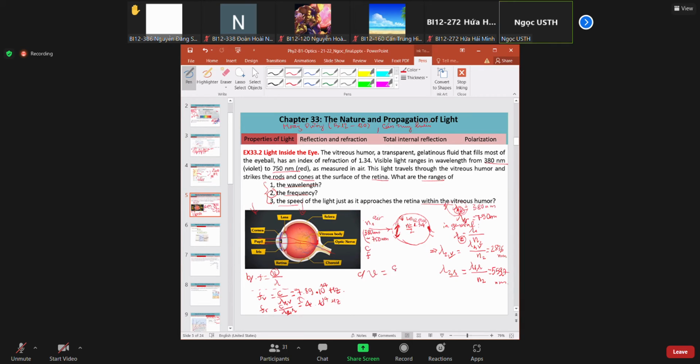Because here I have N1 for the index of refraction of air and N2 for the viscous humor, it will be N2. Yes. So you know C, you know N2, you can know the velocity, right? Yes. Another relationship: V times N2 is equal to C times N1.